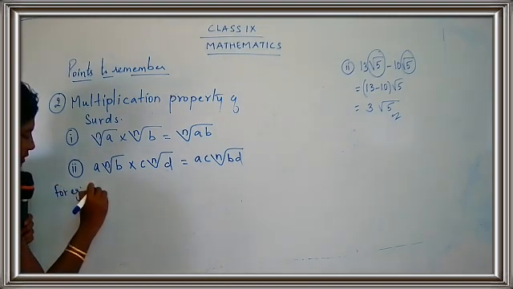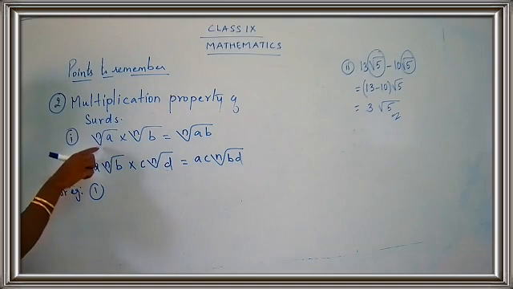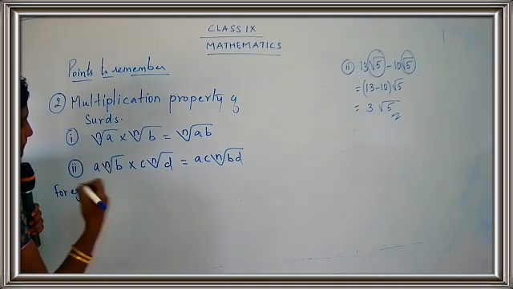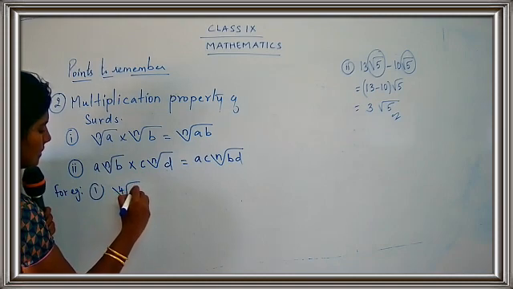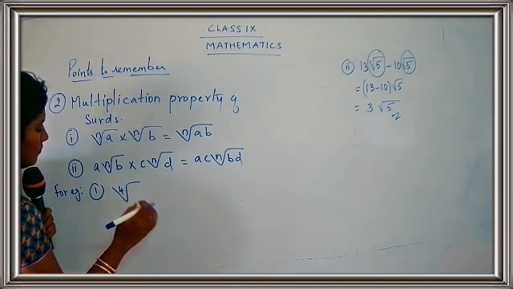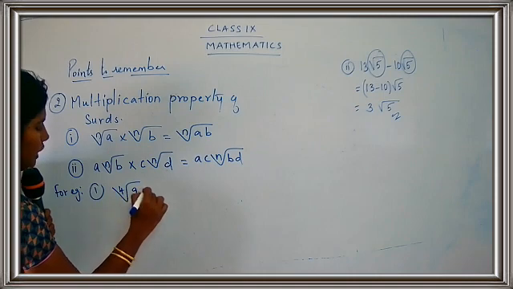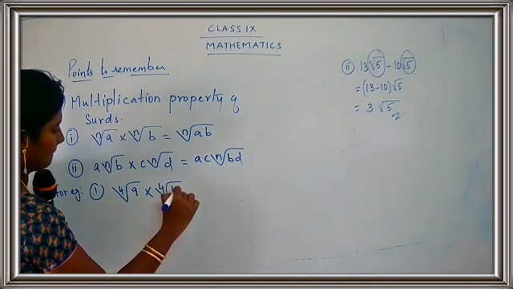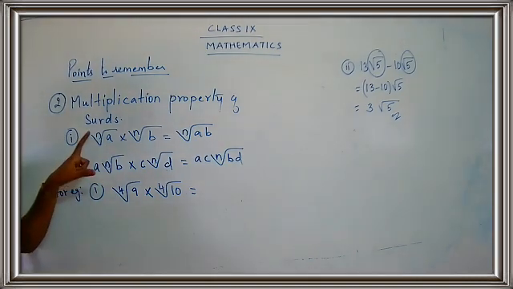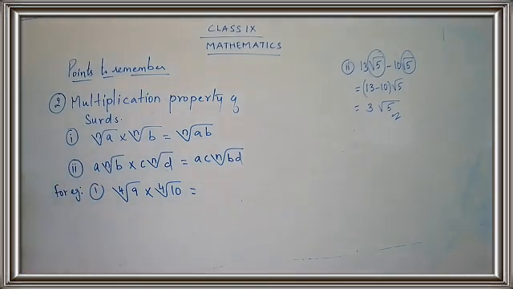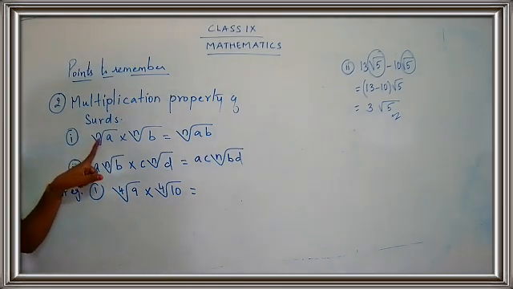For example, number 1. If you have 4th root of 9 into 4th root of 10. What is that? 4th root of 9 into 4th root of 10. Just see here, children. Very important thing that you have to notice. The roots are same. So what about this? What is the root here? It's n.